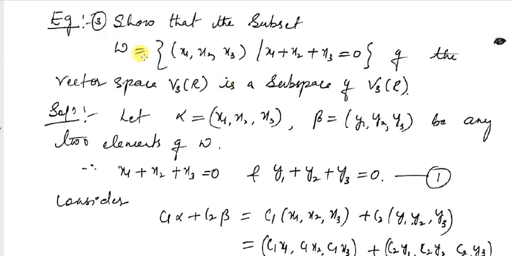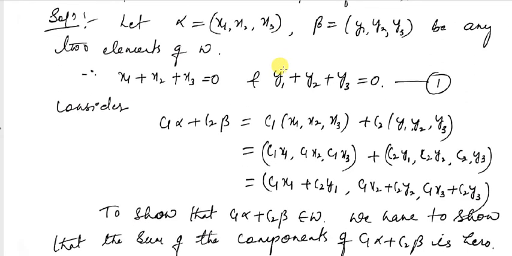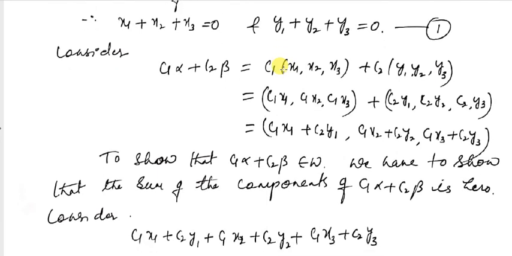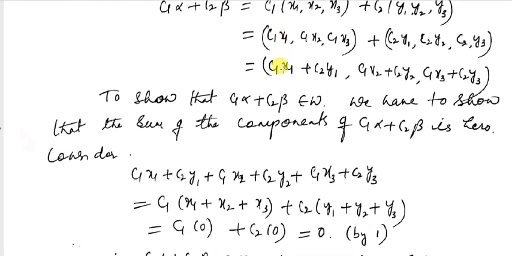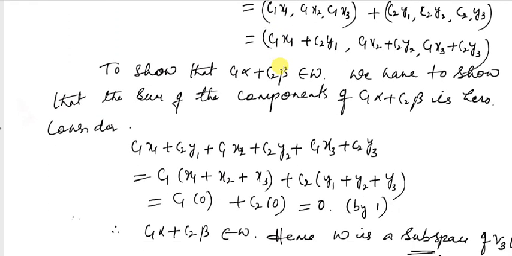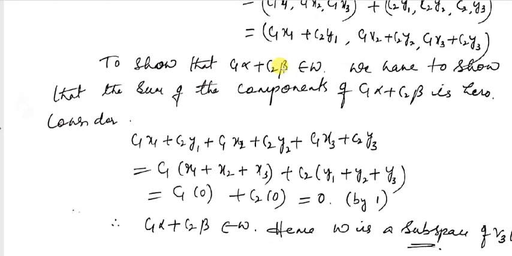W is defined as ordered triplets such that x1 plus x2 plus x3 is equal to 0. Now we have just found C1 alpha plus C2 beta. Now let us show the sum of these components is 0. So let me consider the sum.